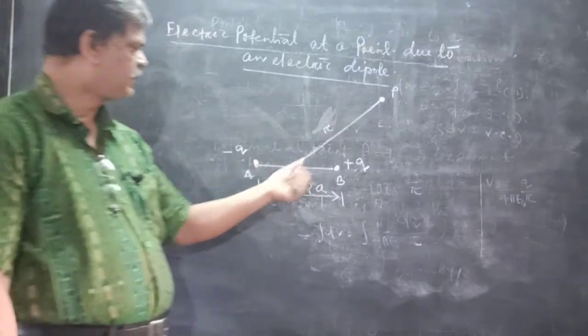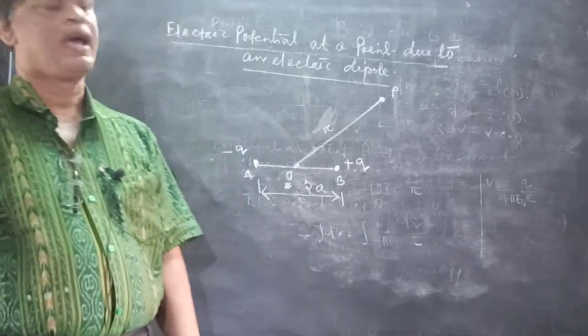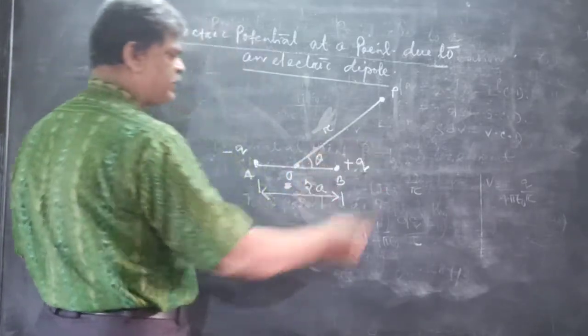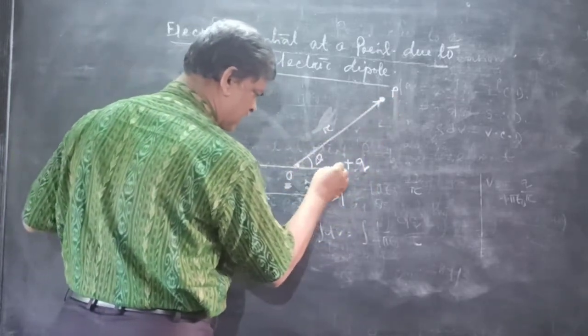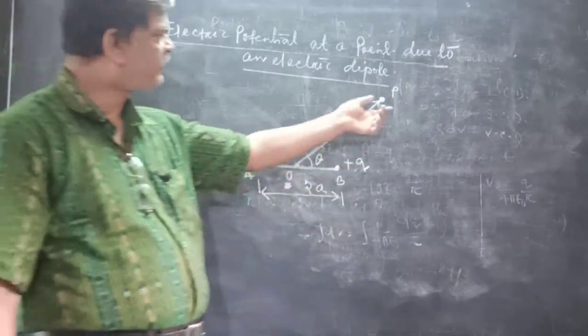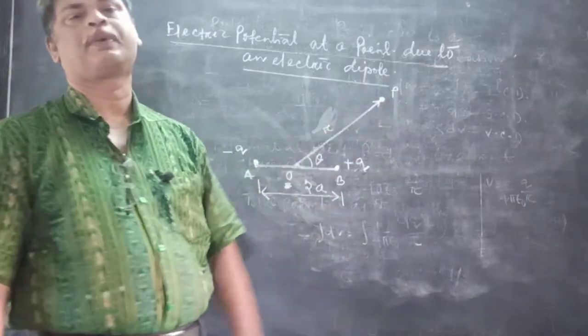The distance from the origin O to P is equal to r, and it makes an angle, let it be theta, with the axial line. Then what is the field intensity at point P? Sorry, electric potential at point P.